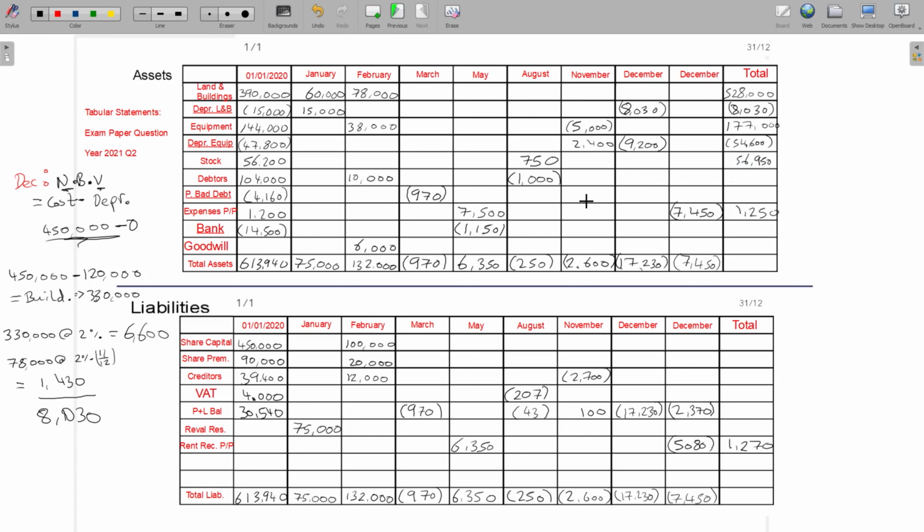Debtors 113,000. Provision for bad debt 5,130. Bank 15,650 as a negative value. And goodwill remains 6,000. And so that is 798,790.